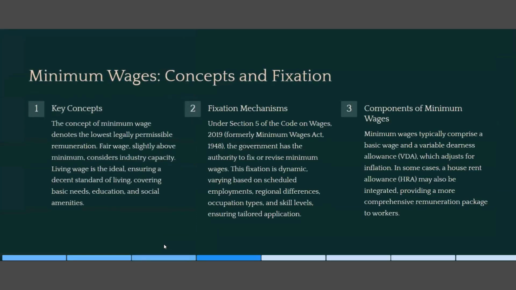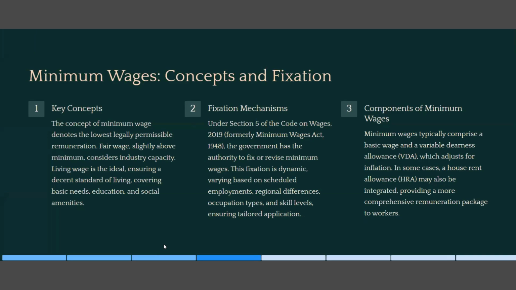Minimum wages, concepts, and fixation. Key concepts. The concept of minimum wage denotes the lowest legally permissible remuneration. Fair wage, slightly above minimum, considers industry capacity. Living wage is ideal, ensuring a decent standard of living, covering basic needs, education, and social amenities.